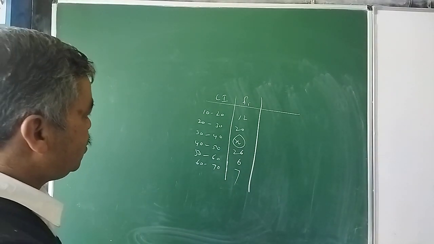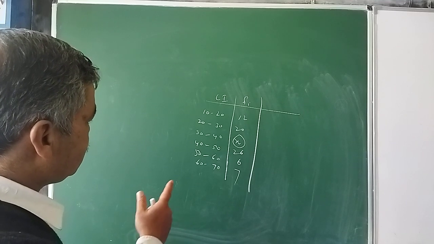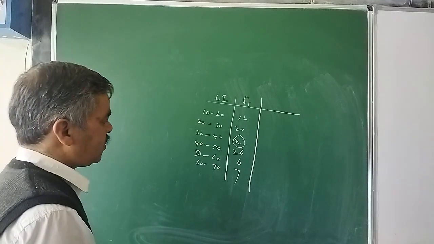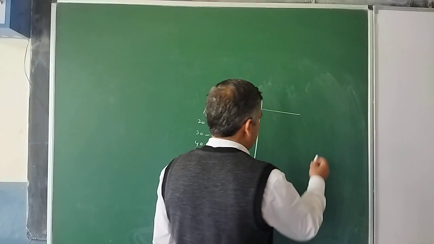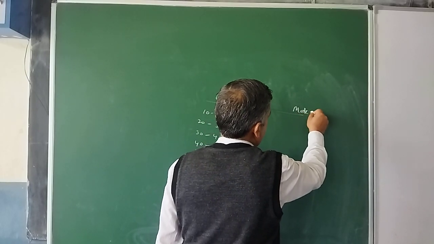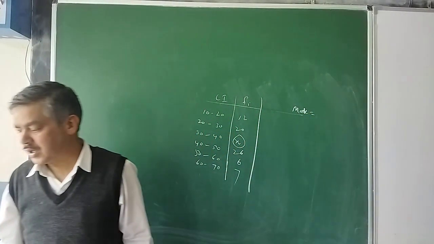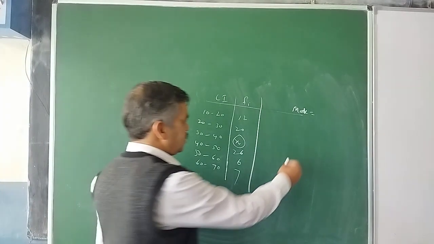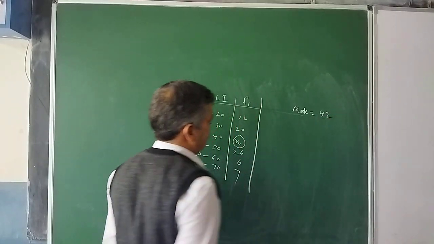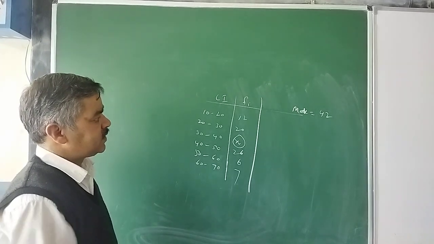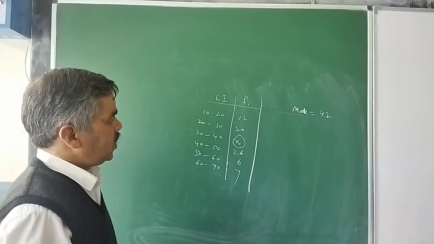Now suppose 30 to 40 is one class interval. In such questions the mode will be given to you. So here the mode of this data is given to you as 42. Mode is 42. Now you need to calculate the missing frequency.